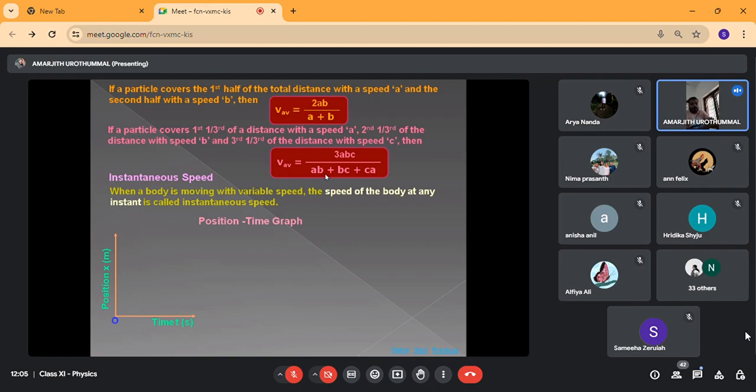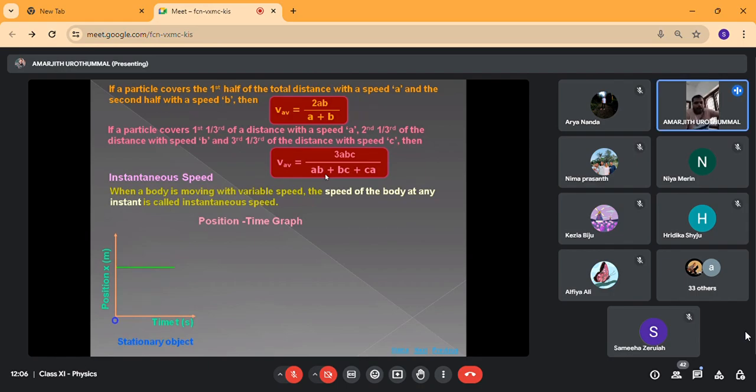This is a position time graph. Are you able to see the graph? Okay.